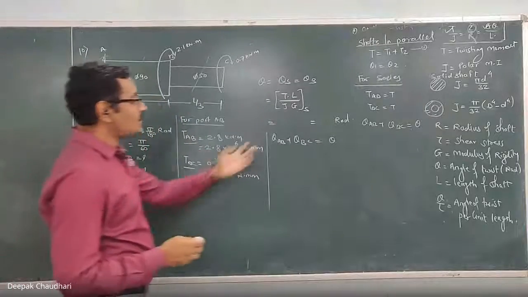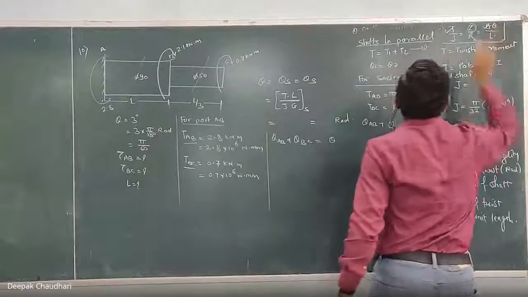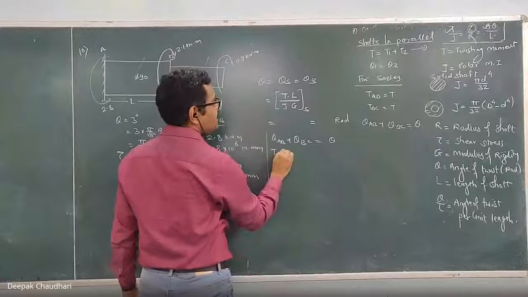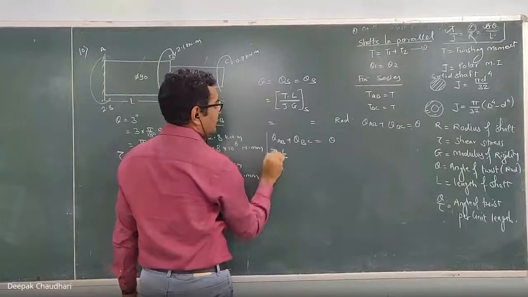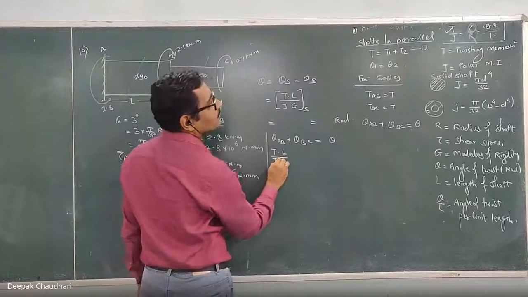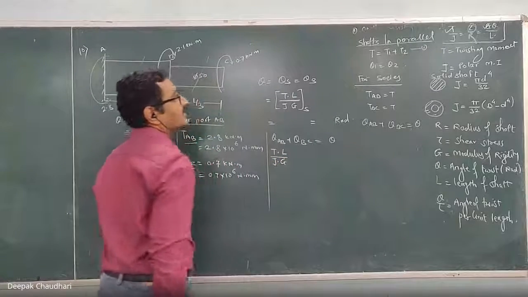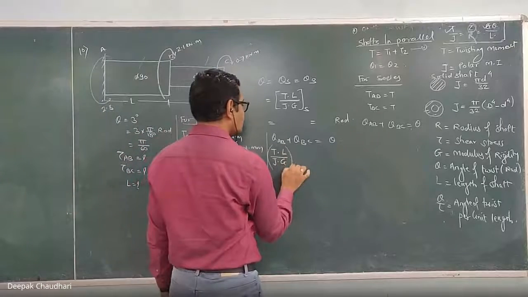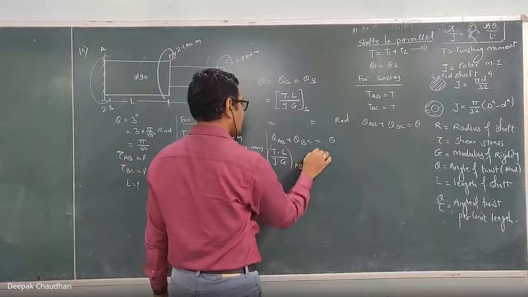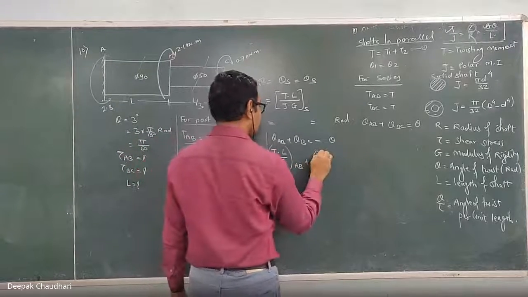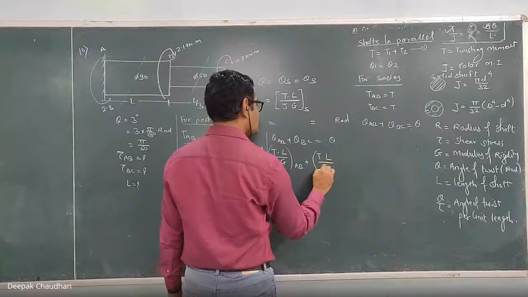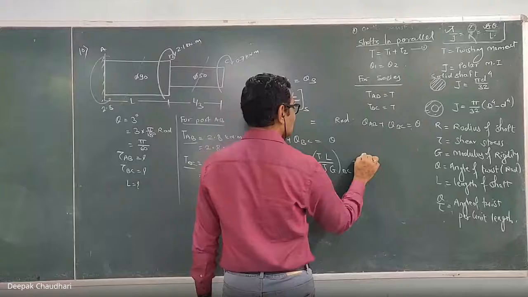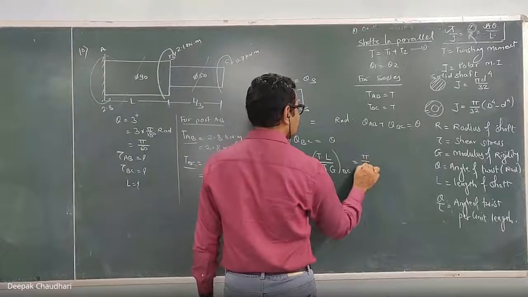The angle of twist in the part AB can be written as torque in AB into length upon J into G, plus T into L upon J into G for the part BC, equal to theta, which is 3 degrees, that is pi by 60 radians.